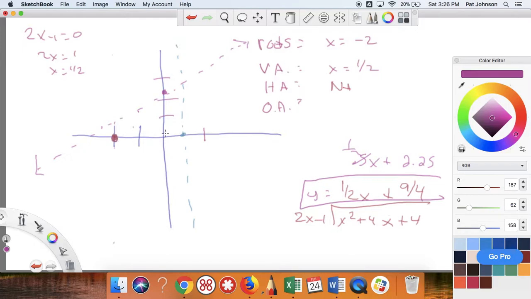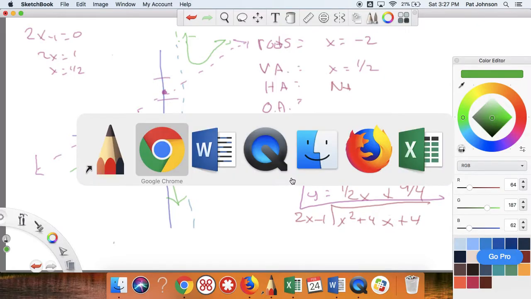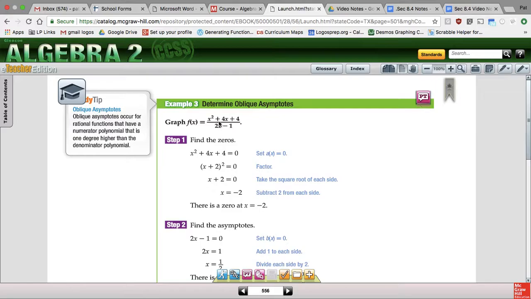So if I pick a point in a table, or I know that my graph is going to do something like this, and it's going to do this between these two asymptotes up here. So we can plug in points if we're not sure. So we put negative 2 into the original equation. We have 4 minus 8 is negative 4, so we have 0 divided by anything, so it's 0.